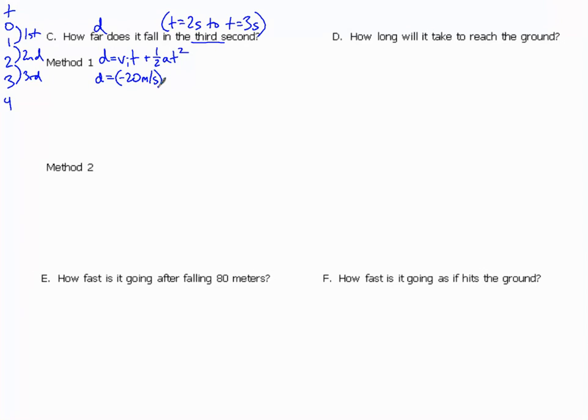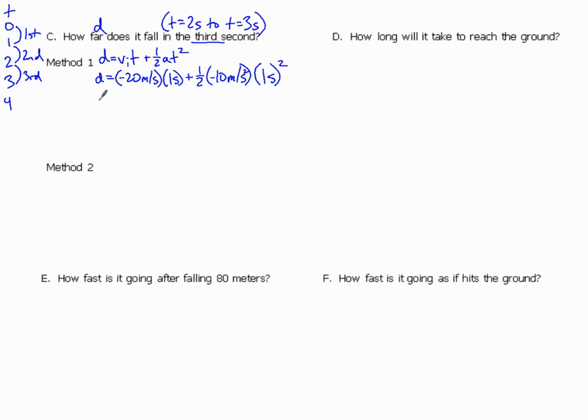This time period from 2 to 3 is 1 second, plus 1/2. A is the acceleration of gravity, negative 10 meters per second squared, and then the square of the time. The time again is 1 second, and we have to square it.